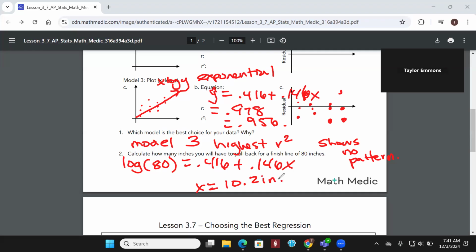Go into your calculator, make sure that you can do this. So you should have gotten your scatter plot.